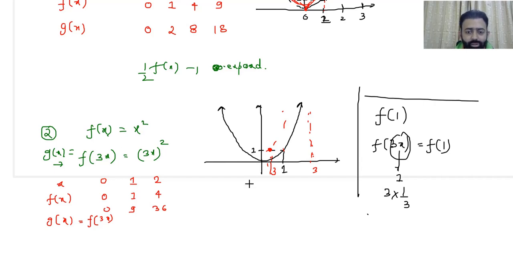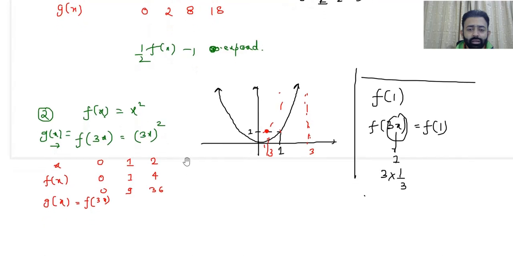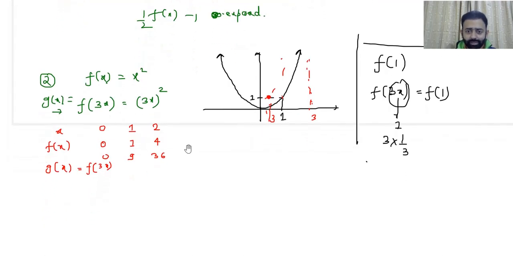So how will we show this graph? If it is compressed along the x-axis, then rather than compressing the graph, we change the coordinates.